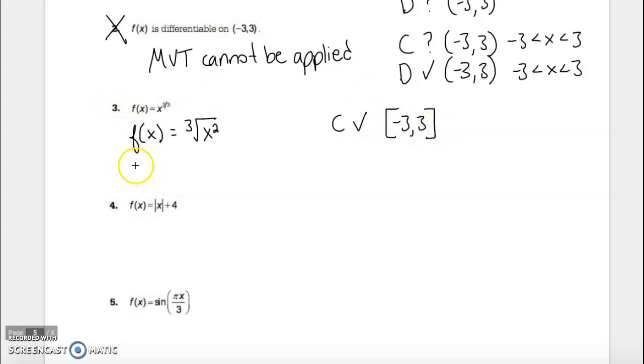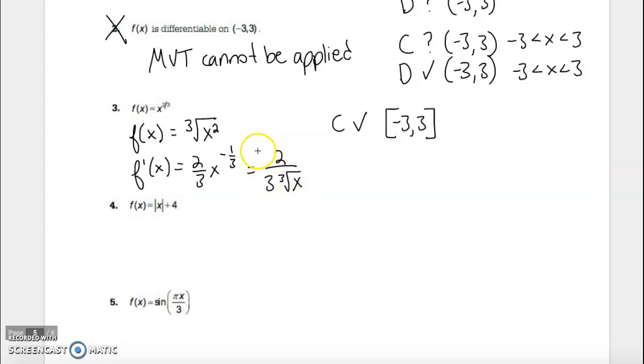But the one thing I want to check now is, is it differentiable on that interval? If I take the derivative, which is actually easier using this first form, I get 2/3 x to the -1/3, bringing down the 2/3 and subtracting 1 from the power. If I rewrite it, that gives me 2 over 3 times the cube root of x.